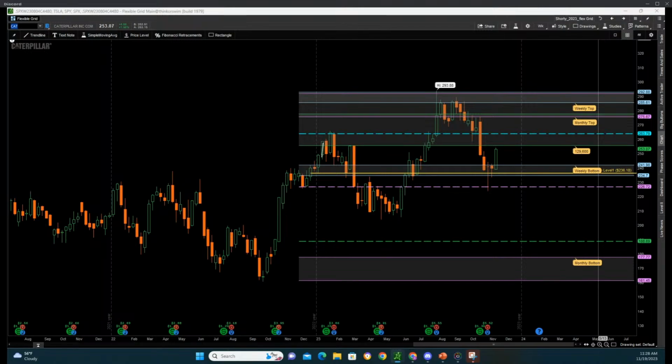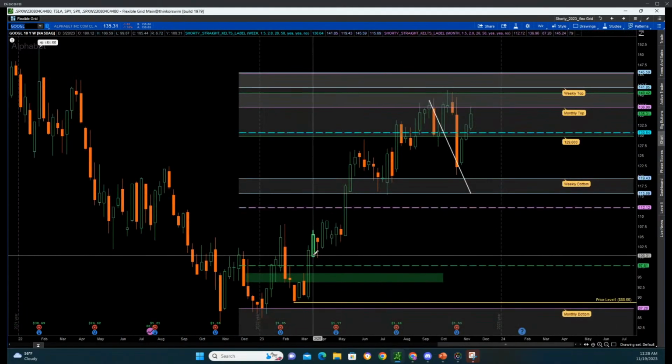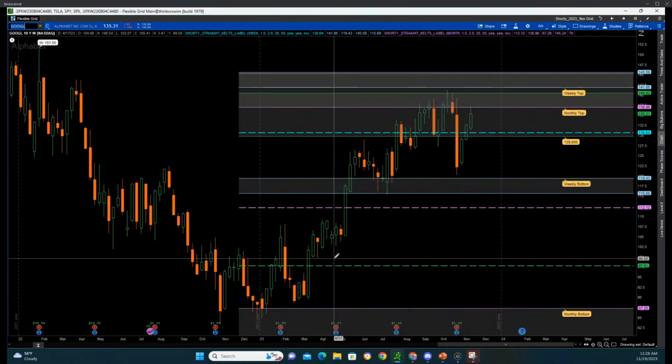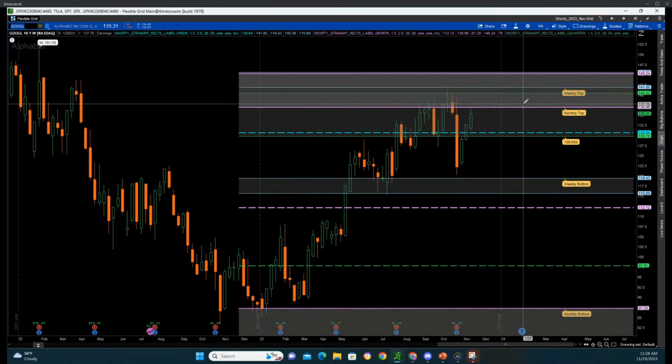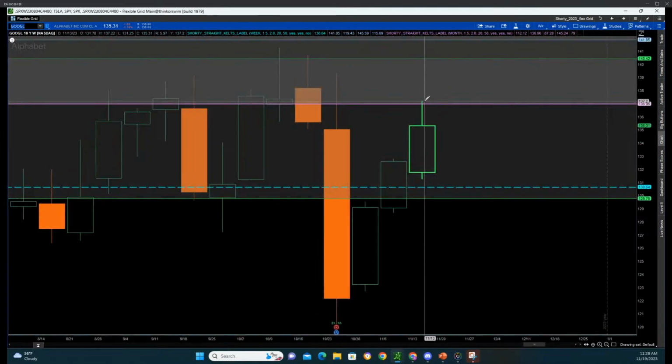Got it. So for instance, let's take a look at your favorite stock, one of the favorite big boys. Look at this. What is it hitting? Top of the monthly. And it broke it by 20 cents.